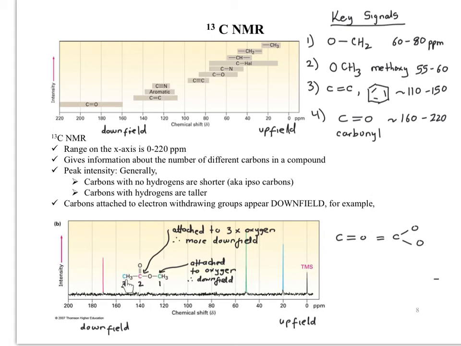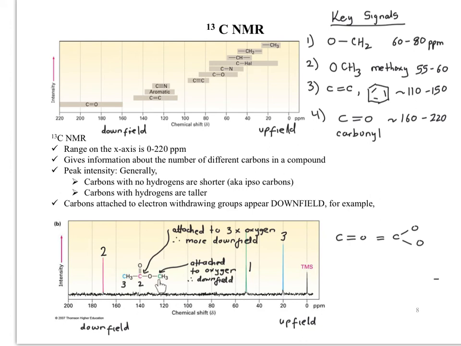So how do you differentiate between this carbon and that carbon? Because this is directly attached to an oxygen, it's going to be more downfield compared to this. So of these 2 signals here, if we label them, this is going to be 2, and then this one is going to be 3, and this one will be 1.